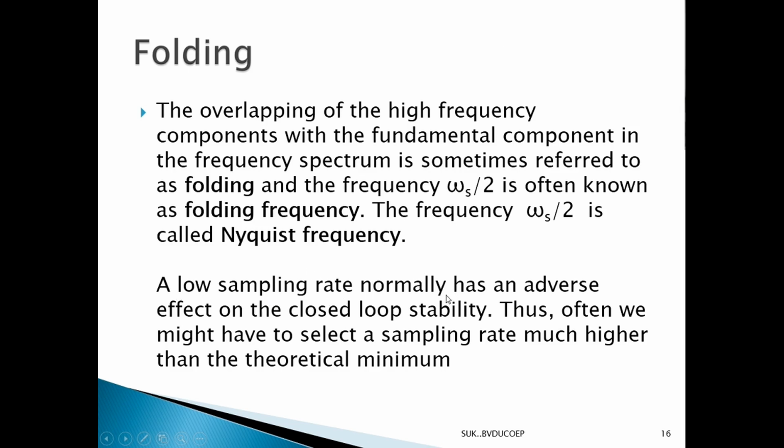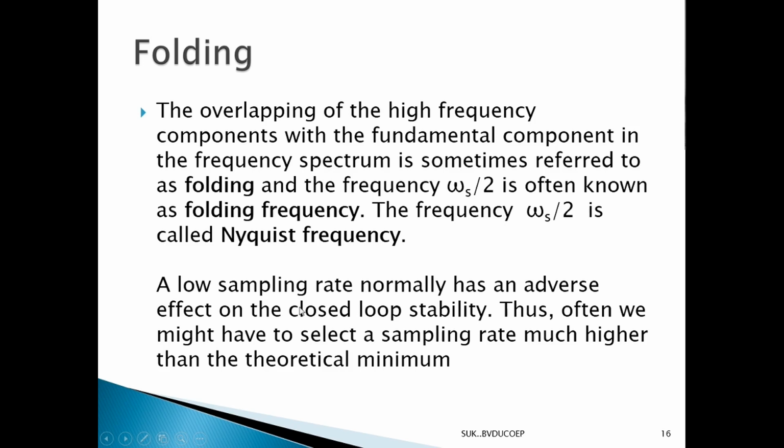With a low sampling rate, folding means the high frequency is folded inside; the actual frequency is not seen. A low sampling rate normally has an adverse effect on closed loop stability. Thus often we might have to select a sampling rate much higher than the theoretical minimum.